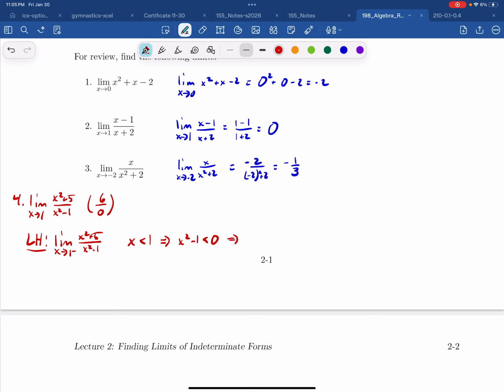So what this means is that for the limit as x approaches 1 from the left of x squared plus 5 over x squared minus 1, we've got a positive number over here, we have a negative number over there, and so we're going to get negative infinity.